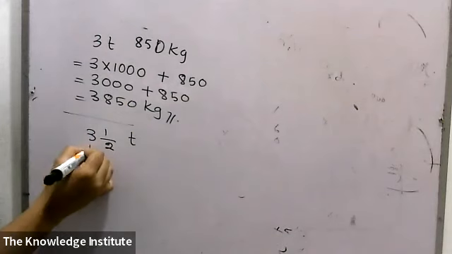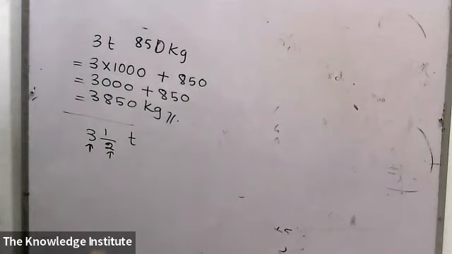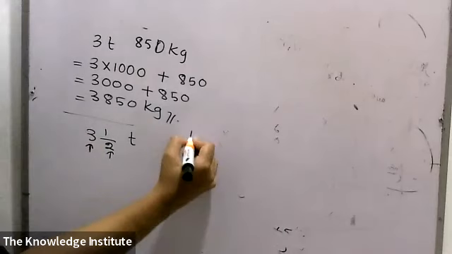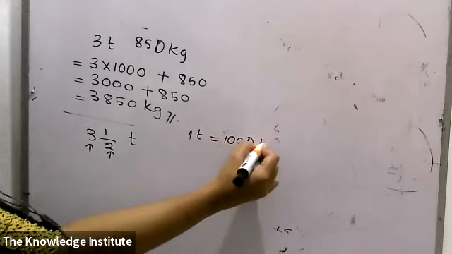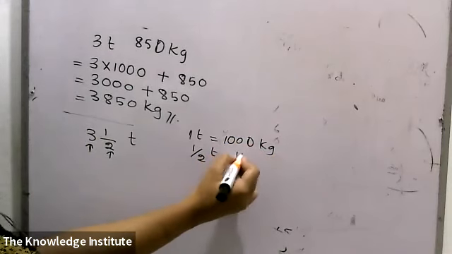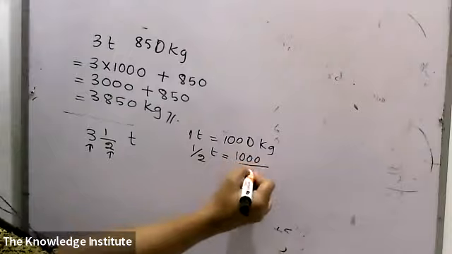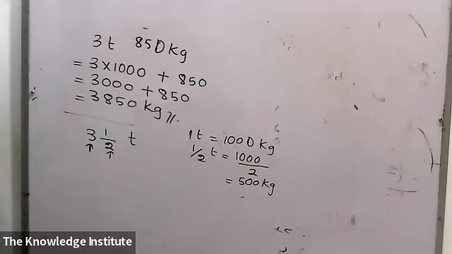You must convert 3 as well as this half ton into kilograms. Tell me, if 1 ton is equal to 1000 kilograms, what can you tell about half a ton? What is half of 1000? 500.